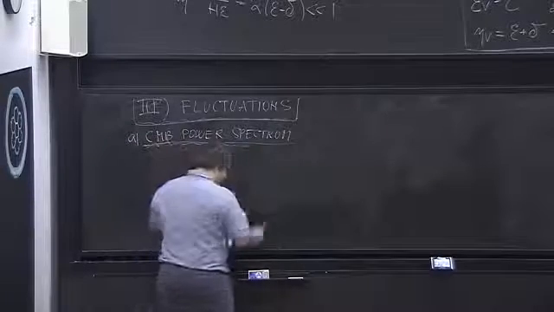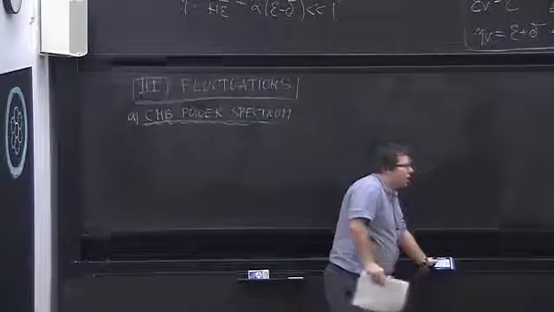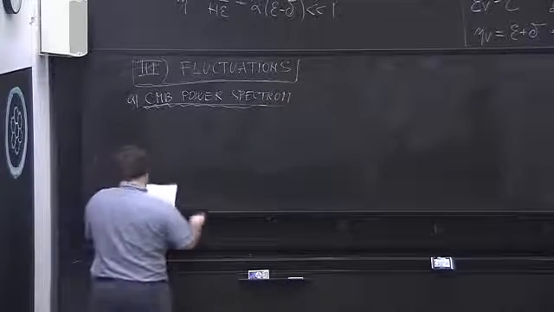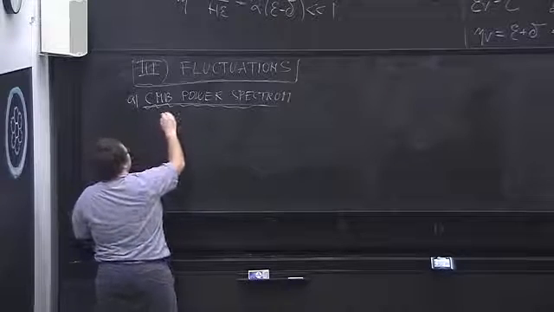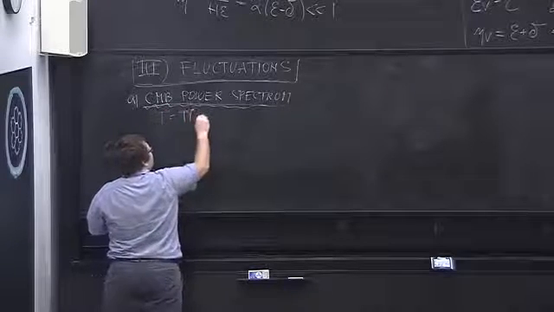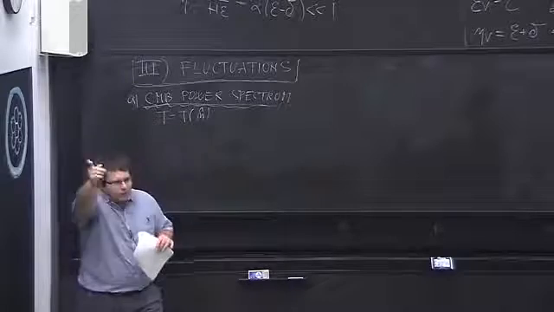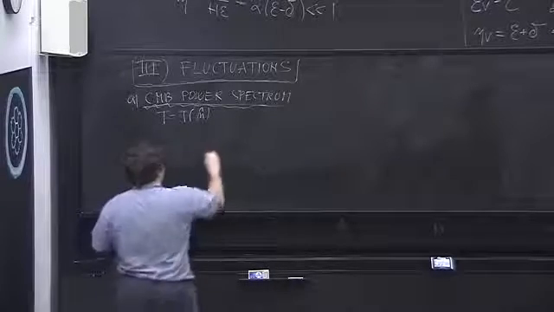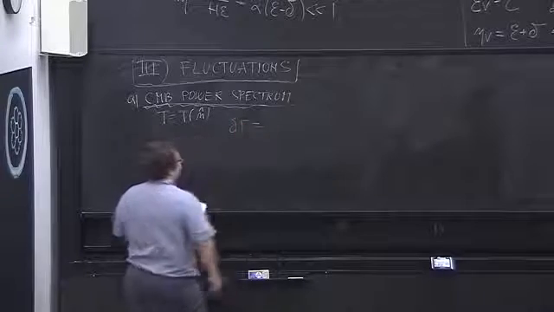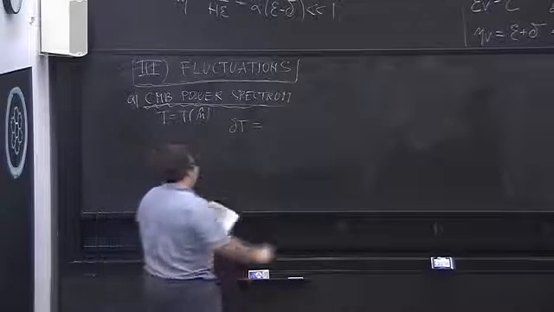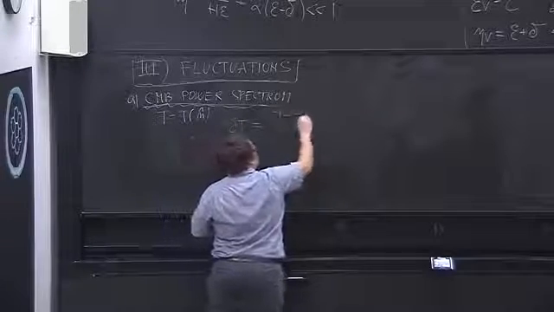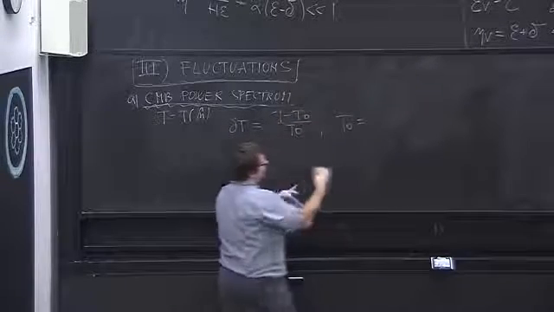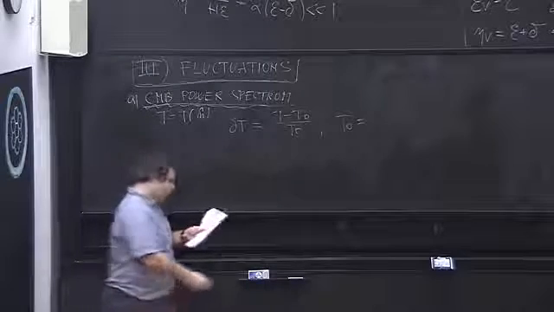Just to remind you, if we are looking in different directions, we observe different temperatures. So we observe T as a function of the direction n. Then you have these fluctuations in the temperature, which is (T minus T0) over T0, where T0 is just the average temperature over the sky.